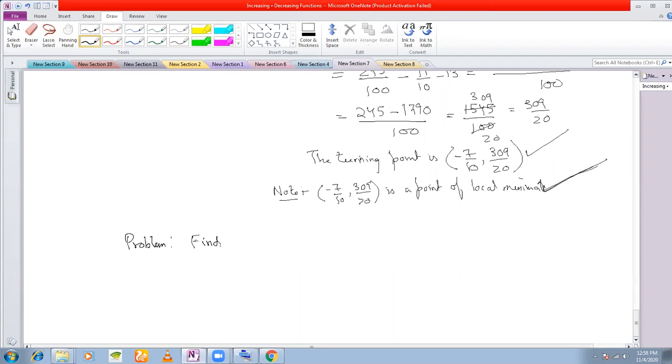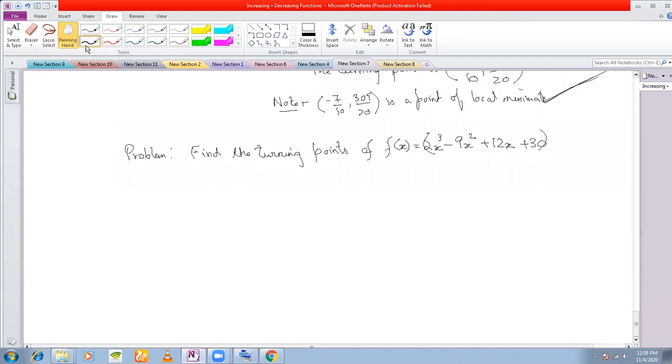Find the turning points of f(x) is equal to 2x cube minus 9x square plus 12x plus 30. Okay, so we start with this.